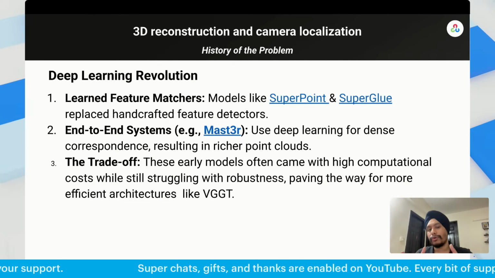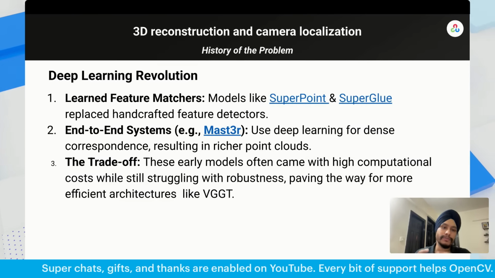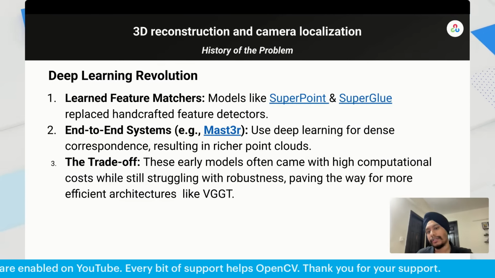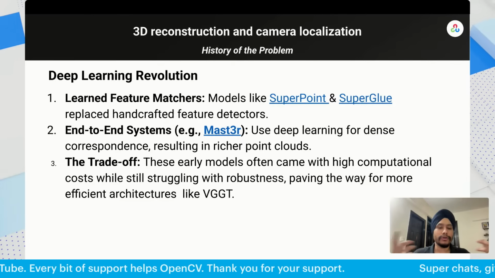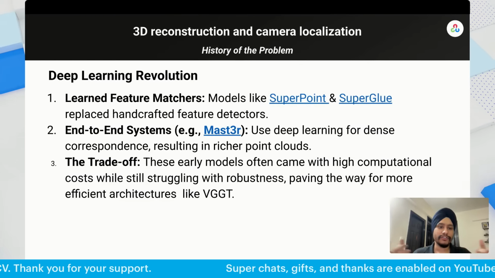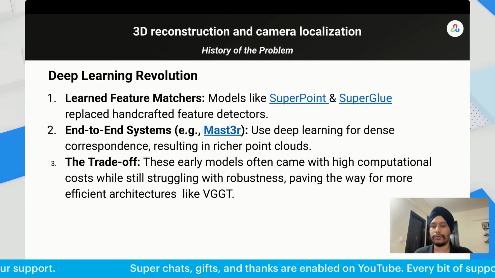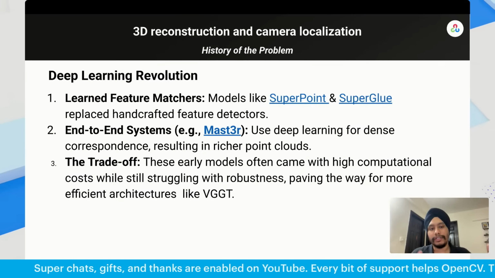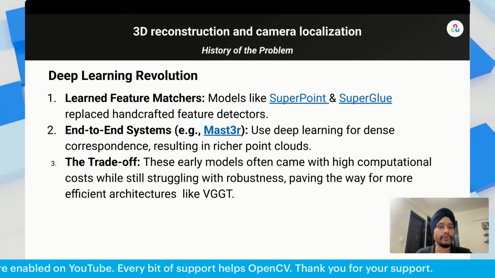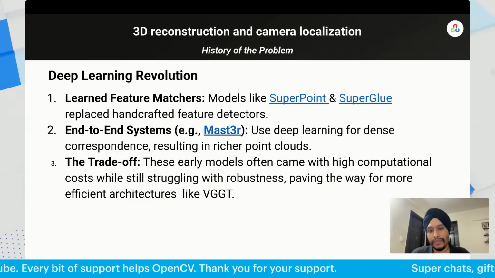SuperGlue is again a deep learning matcher, which tells you which two vectors are similar to each other. Imagine if you didn't have SuperGlue, you would be using something like a Euclidean or cosine distance to match if these two vectors are close to each other. But SuperGlue is trained on descriptors of SuperPoint to say that these two features are the same.